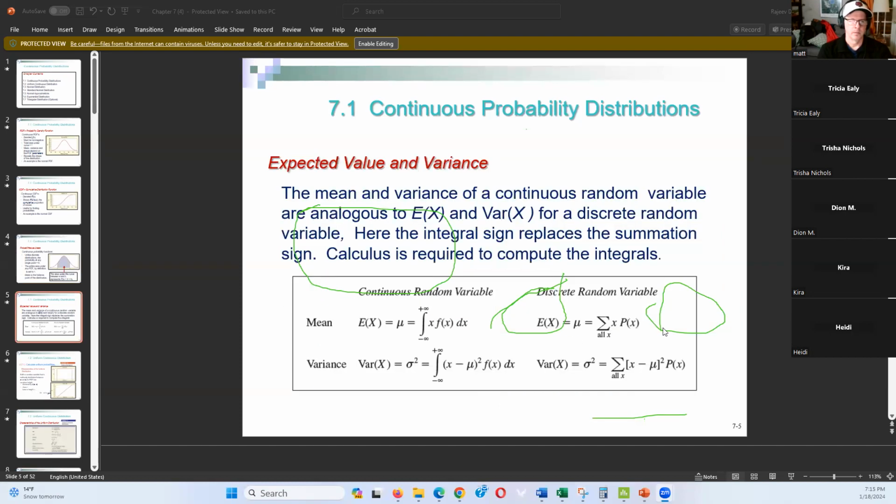So the range would be a to b. If you remember the previous chapter, that is the sum of all events, that is mu, and here is integration.